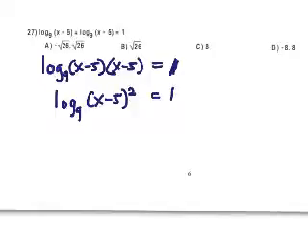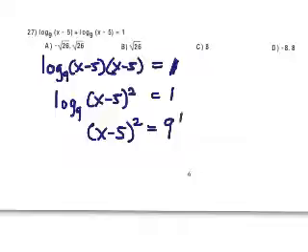equals 1. So this one, we'll just go back to what it means to be a logarithm. This log of base 9 means that 9 to the 1 power equals x minus 5 squared. Okay, so that means that x minus 5 squared equals 9 to the 1 power.